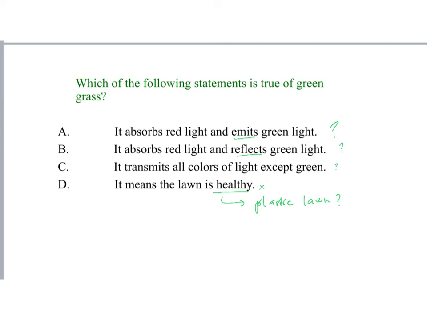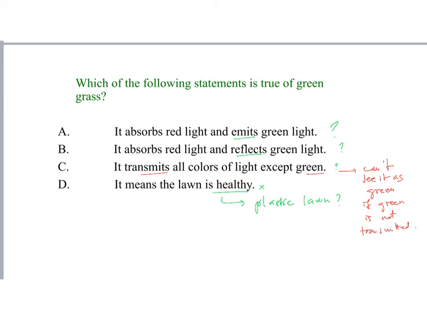All right, so let's think about this. This one, C. It transmits all colors of light except green. Well, if it does not transmit green, how are you going to see it as green? So, can't see it as green if green is not transmitted.